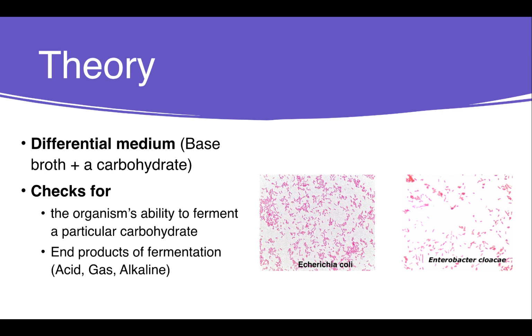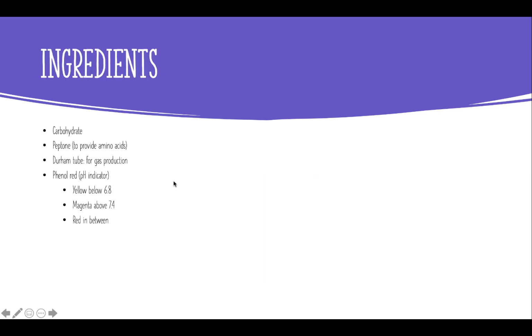And even though one organism can ferment one type of carbohydrate, it may not possess the enzymes to ferment another. With the PR test, we're looking for end products of fermentation, which can either be an acid, a gas, or alkaline.